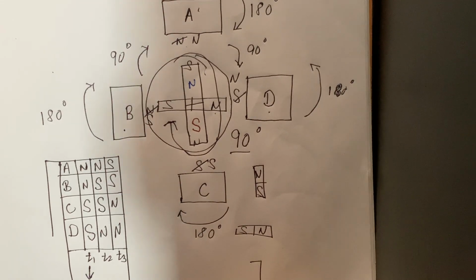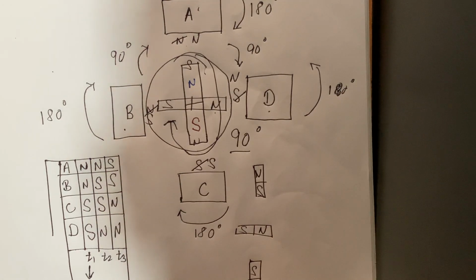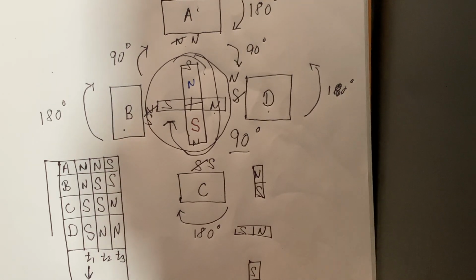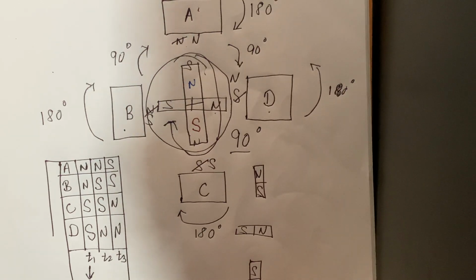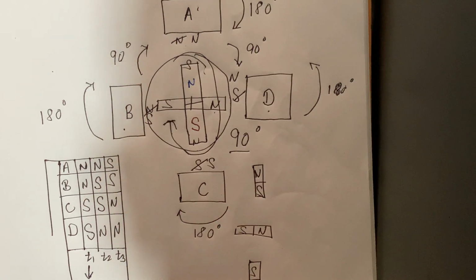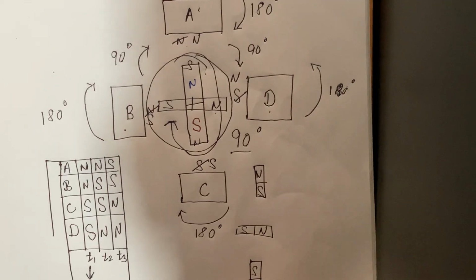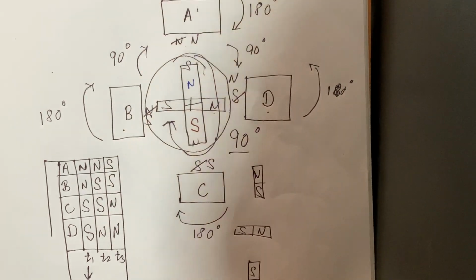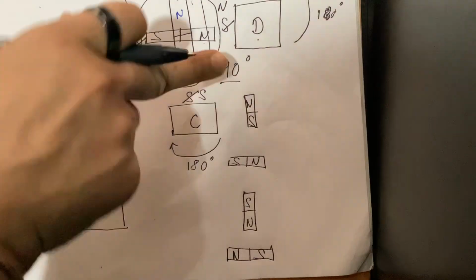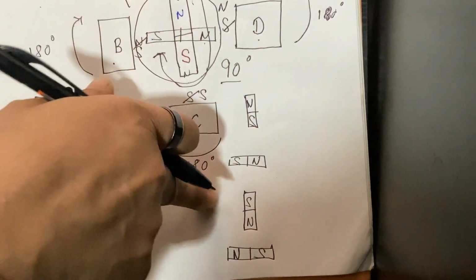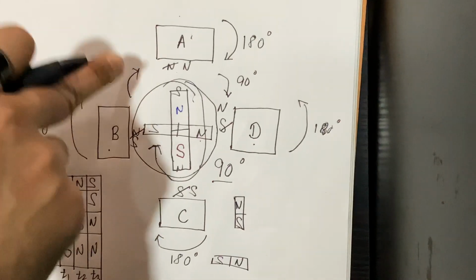Another one is this, north, south. And the last one is this, north and south. So these are the four cases, basically the time steps.